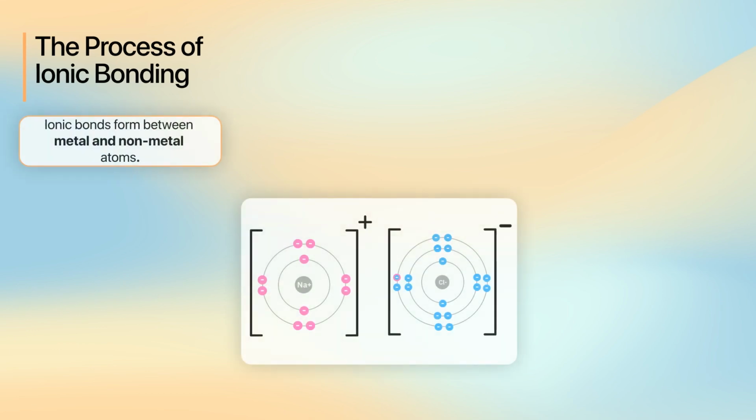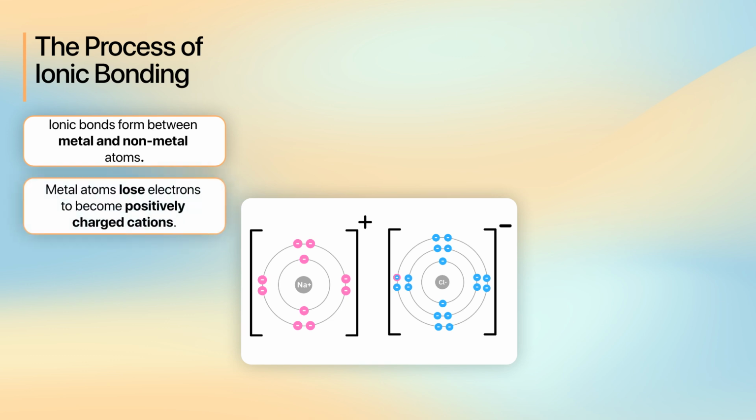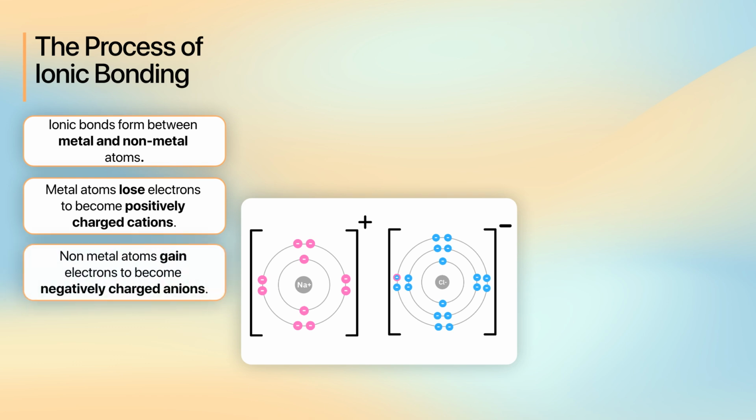So in today's lesson, we delved into the process of ionic bonding, which is how metal and non-metal atoms interact to form compounds. We learned that metal atoms tend to lose their outer electrons to become positively charged ions called cations. Conversely, non-metal atoms gain electrons to become negatively charged ions known as anions.